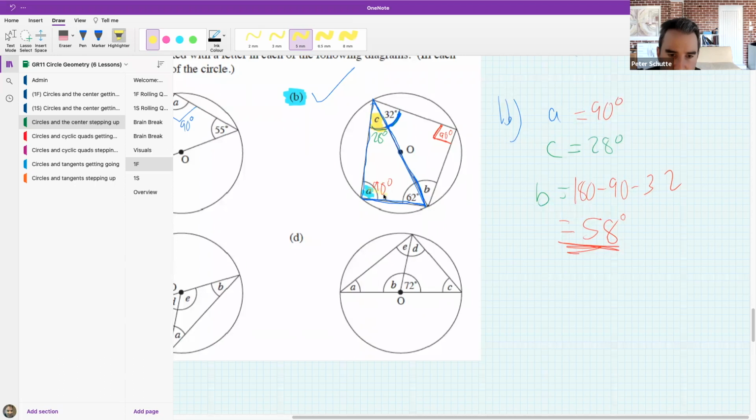And when you know it's the diameter, the angle at the circumference is 90. Now, you're also given that this angle down here is 62. And so the question is, using that information, how do I find what C is? Well, I go 180 minus 90, so 180 minus yellow minus green gives me the pink.